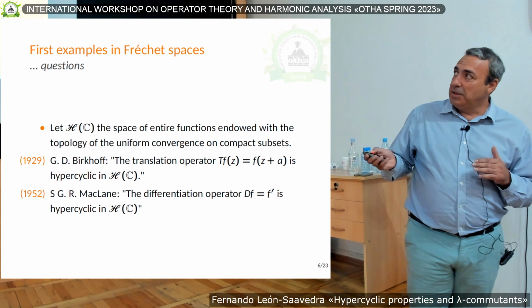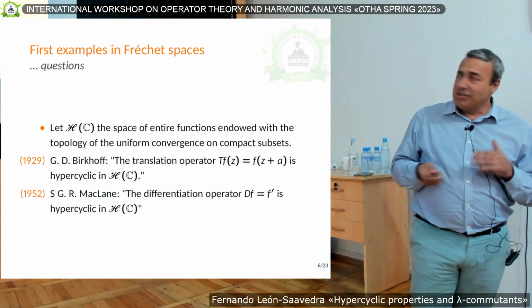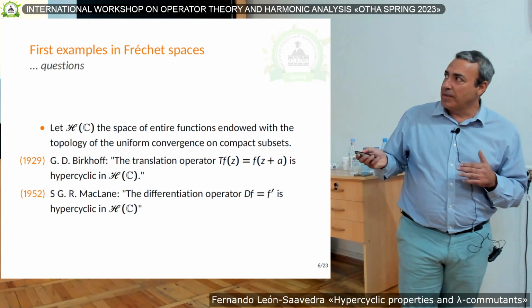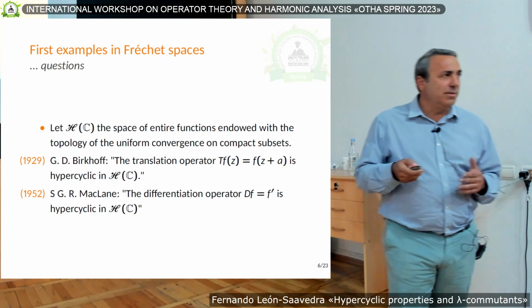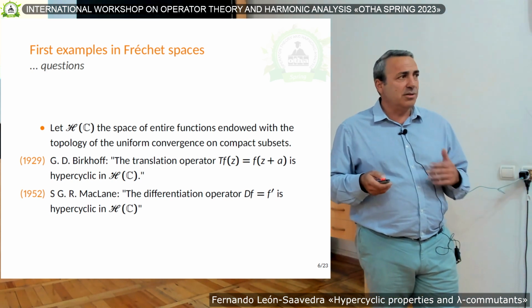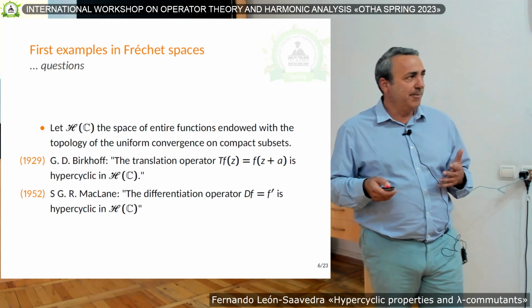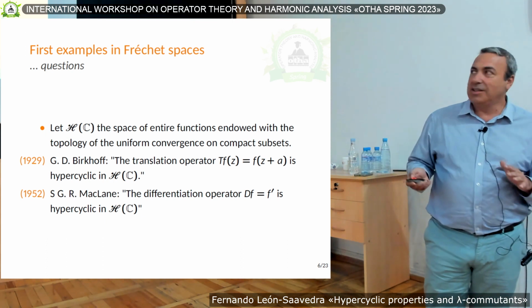Birkhoff proved in 1929 that the translation operator is hypercyclic on H of C. And some years later, MacLean proved that the differentiation operator also is hypercyclic on H of C. Okay? These seem to be the first examples of hypercyclic operators.